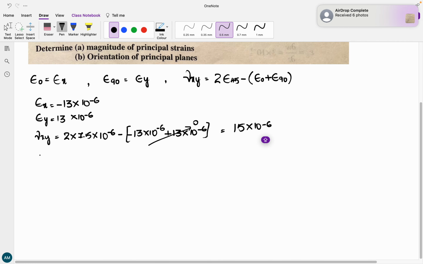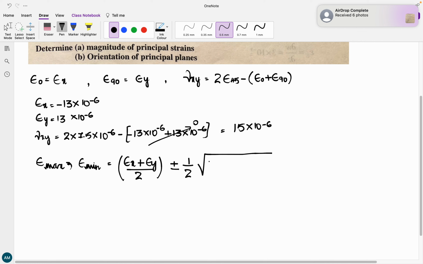Let us use the equation for epsilon max, it might be epsilon max, it might be epsilon minimum. Let us call this epsilon max comma epsilon minimum, so we will be solving for both at once. It is epsilon x plus epsilon y by 2 plus or minus, plus is for epsilon max, minus is for epsilon minimum, 1 by 2 under root of epsilon x minus epsilon y the whole square plus gamma xy square.